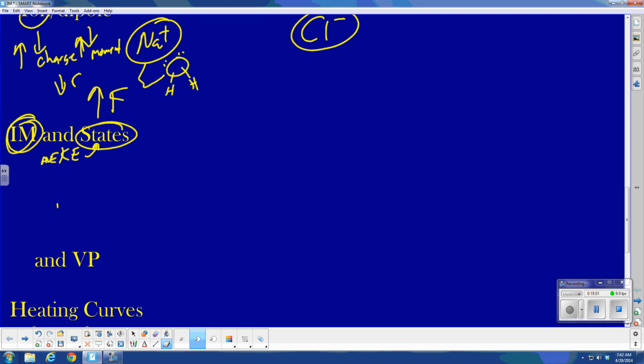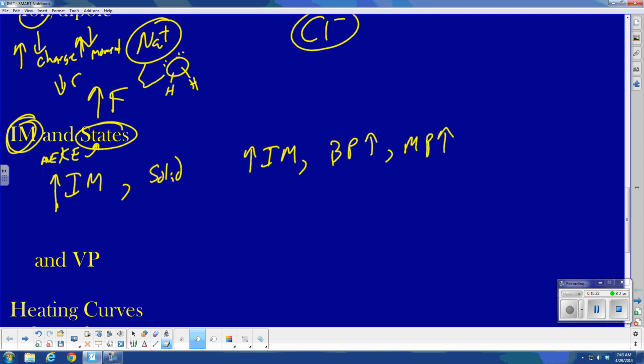The stronger the IM forces, the more likely that it's going to be a solid at a given temperature. Or to state it another way, as IM forces increase, my boiling point is going to increase, and generally my melting point increases.